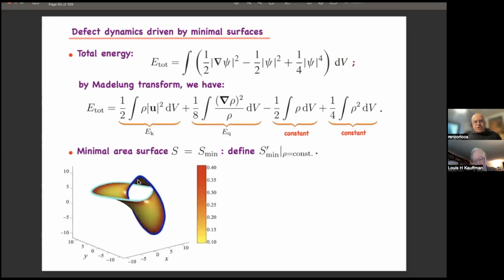Well, you can do computationally aided research on this, and you can prove computationally that you can define a new surface, say an S prime min, on which rho is basically constant. Remember that there is a reason for this. The variations of density are highly localized on the defect line.